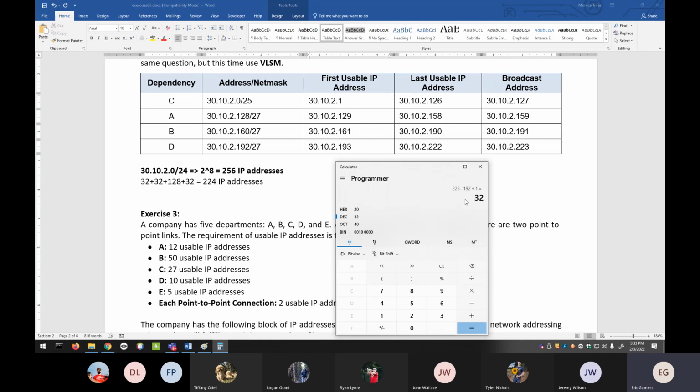Now, if I want to verify that the number of valid IP addresses is 30, I should do what? 222 minus 193 plus 1. That tells me I have 30 valid IP addresses, okay?